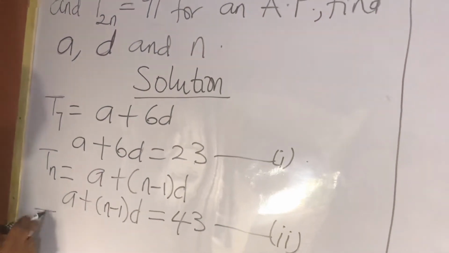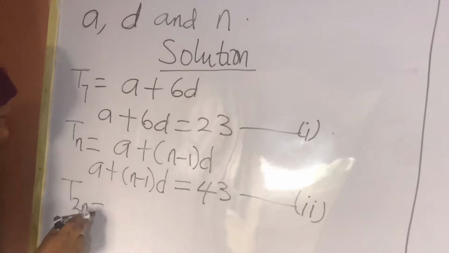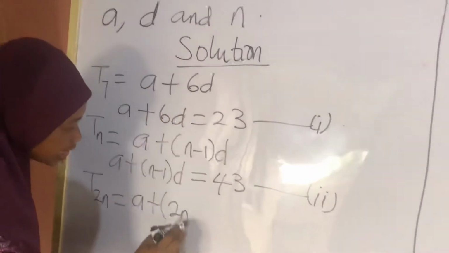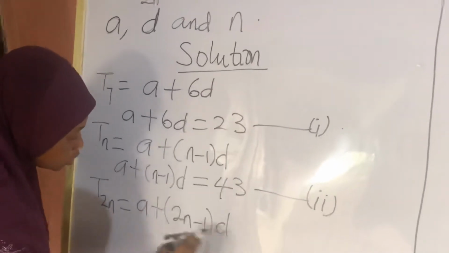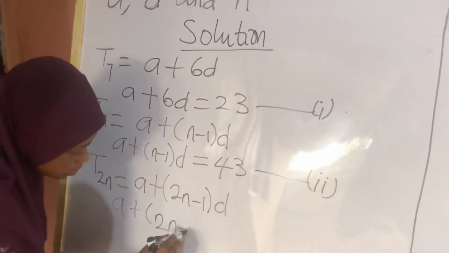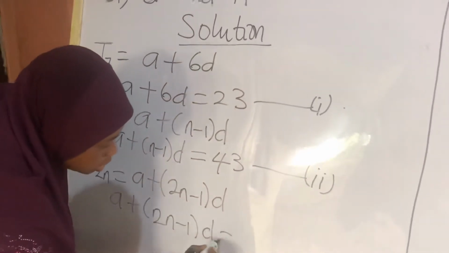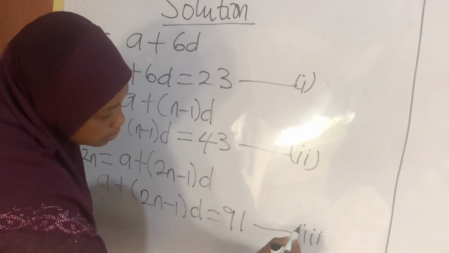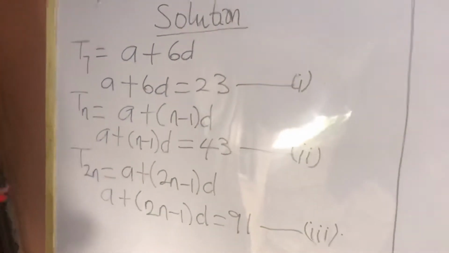And the 2nth term, that is anywhere you see N, you put 2N instead of N. It was given to be 91: A plus (2N minus 1) multiplied by D is equal to 91. Label that as equation 3. Now expand equation 2 and equation 3.